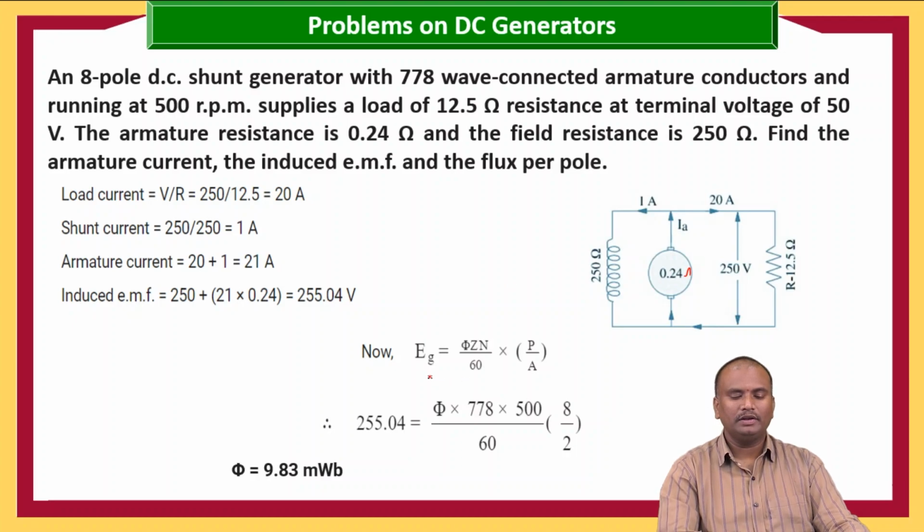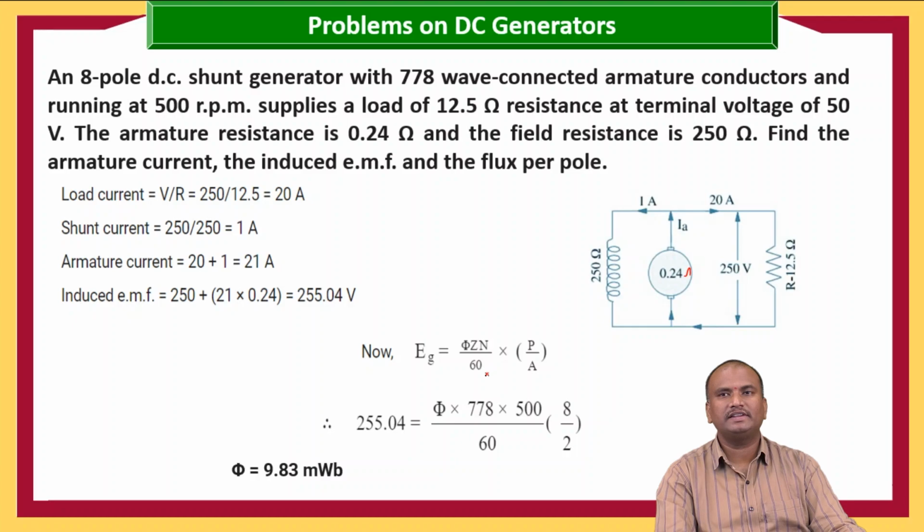The induced EMF is equal to 250 plus 21 into 0.24, which is equal to 255.04. Now the generated voltage EG is equal to phi Z N by 60 into P by A, so 255.04 equals phi into 778 into 500 by 60 into the number of poles, 8, by A, which is 2 for wave connected.